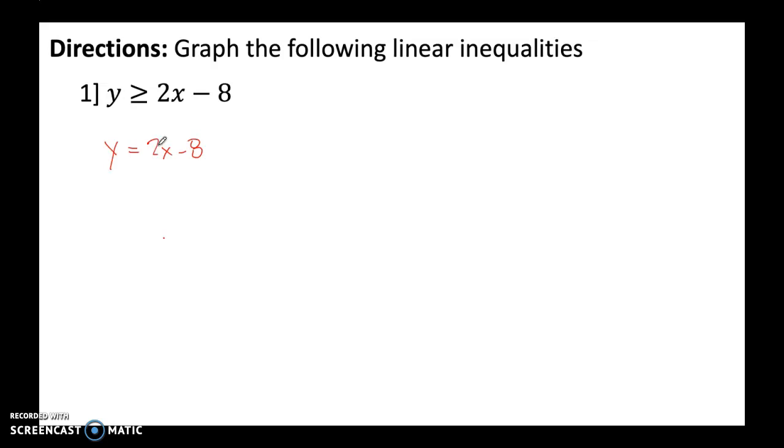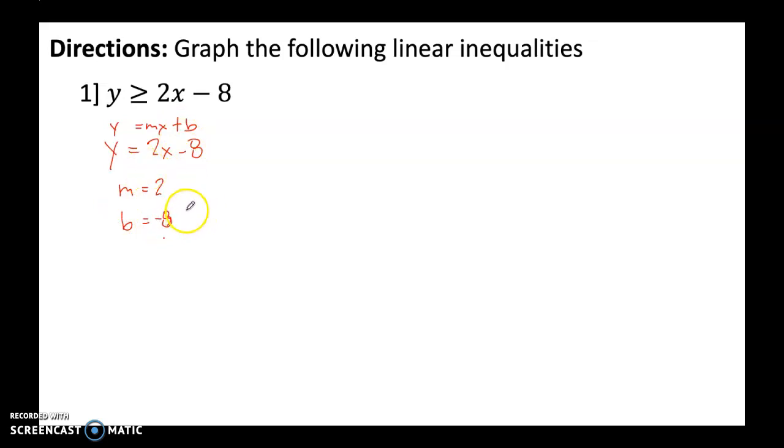Since the given is in slope-intercept form, we use the slope-intercept method. y equals mx plus b, where m is the slope, equal to 2, and b is equal to negative 8.